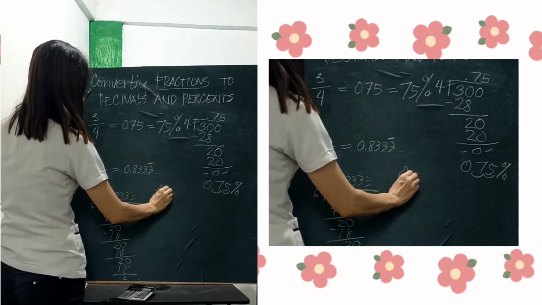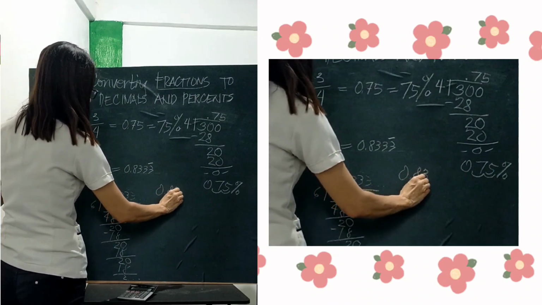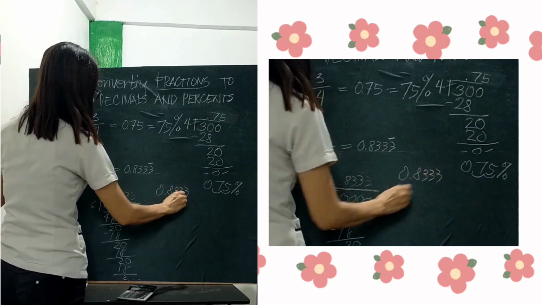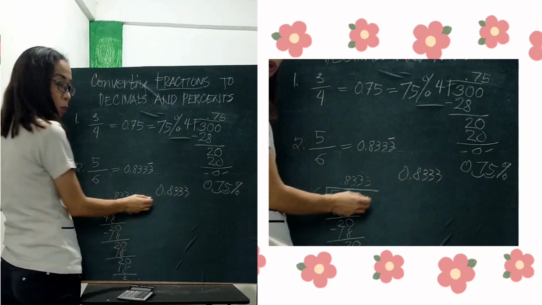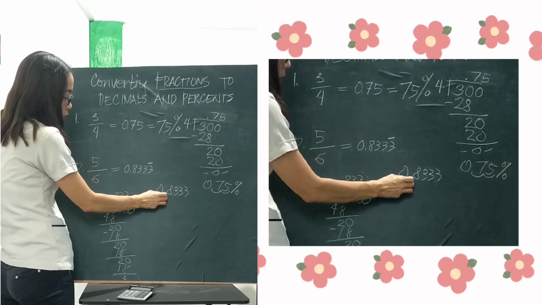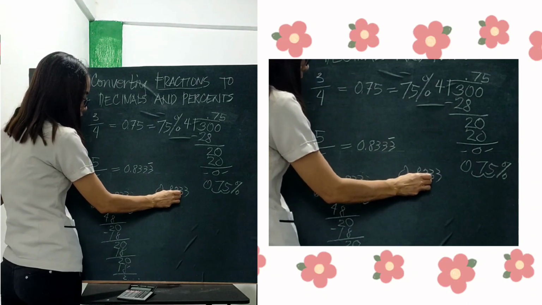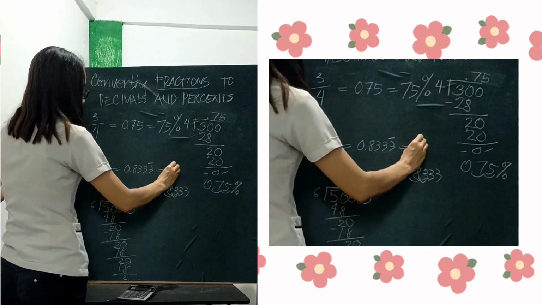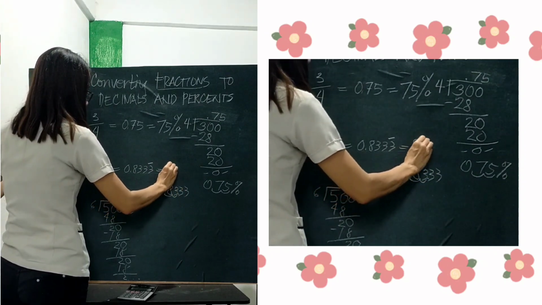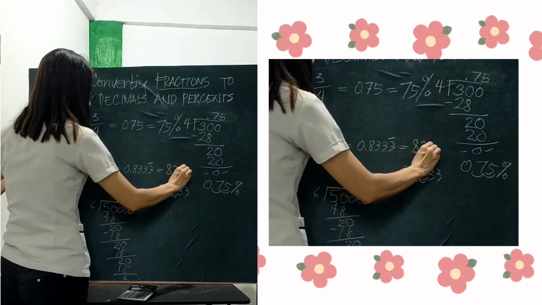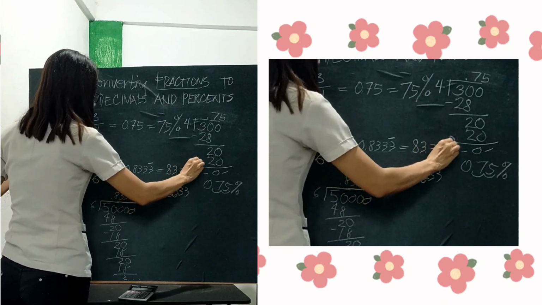So, that is 0.8333. So, just move the decimal point 2 places to the right. 1, 2, and put your percent symbol. That is 83.33%.